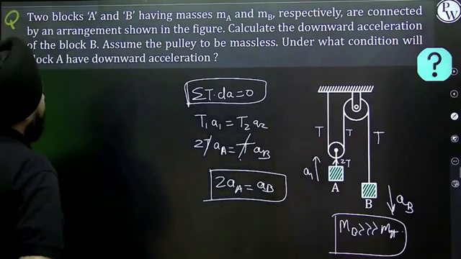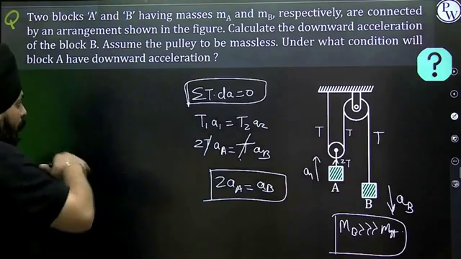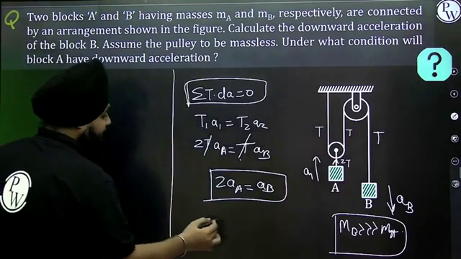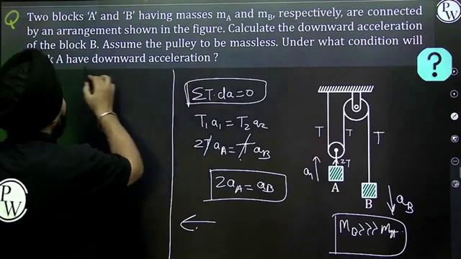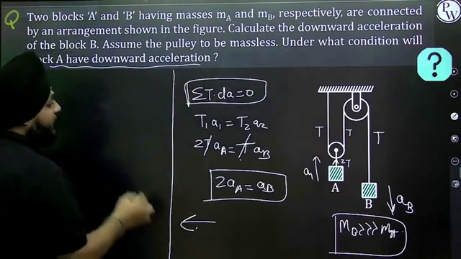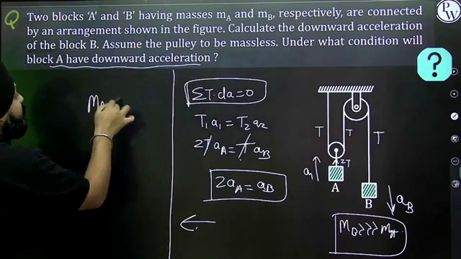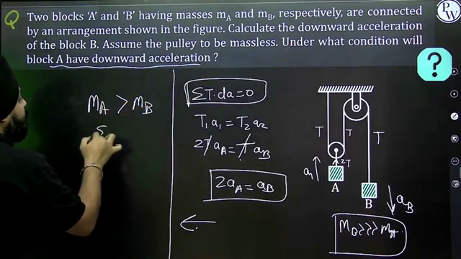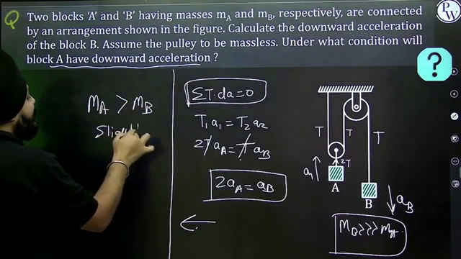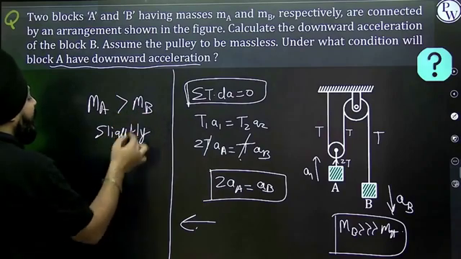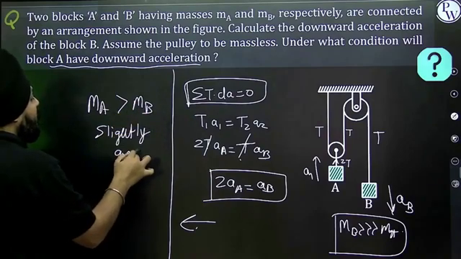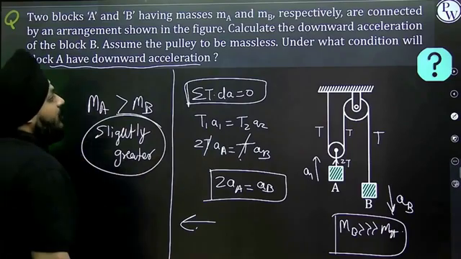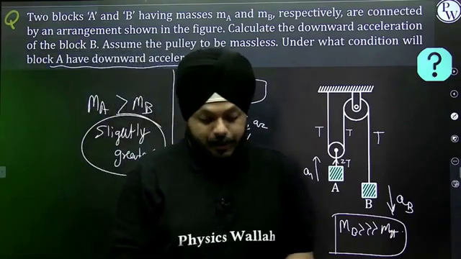Under what condition will A move in the downward direction? If the mass of A is slightly greater than B, under this condition it will move in the downward direction.